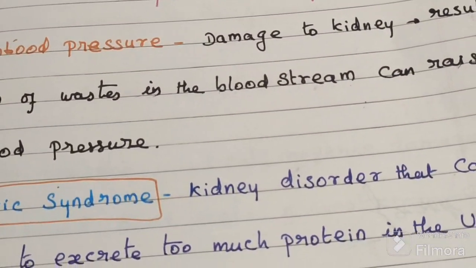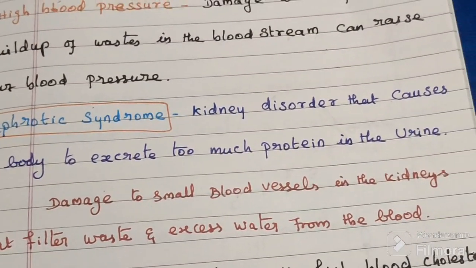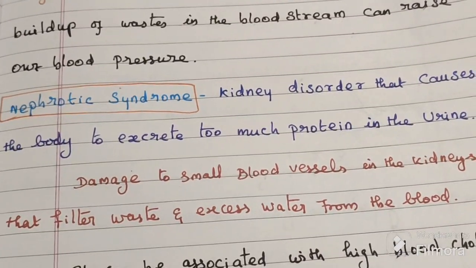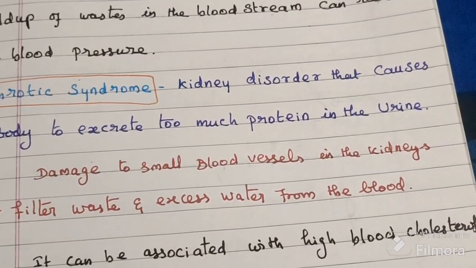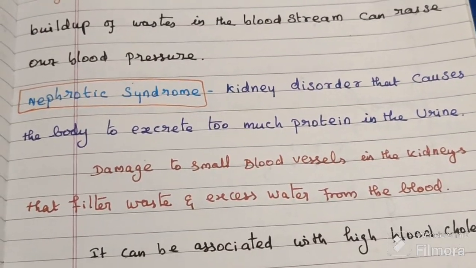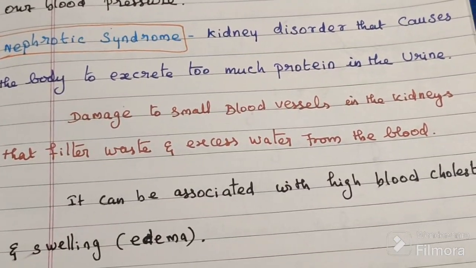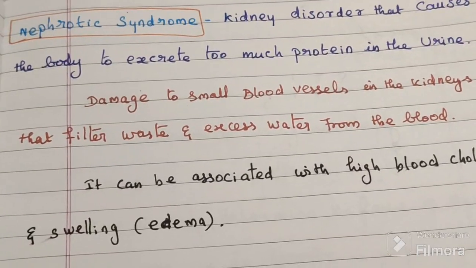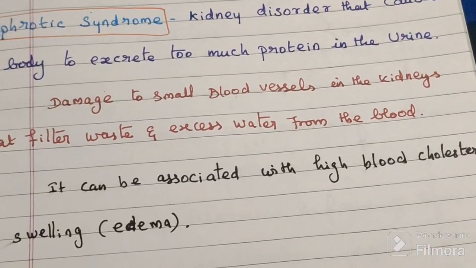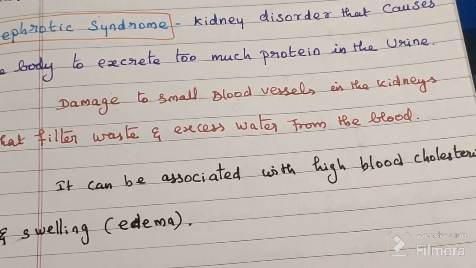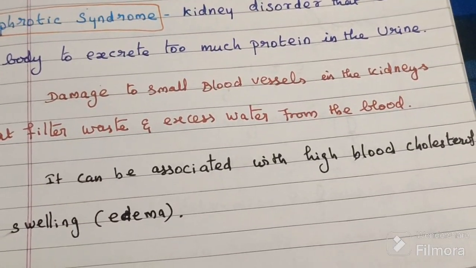Nephrotic syndrome is a kidney disorder that causes the body to excrete too much protein in the urine. It is caused by damage to the small blood vessels in the kidney that filter waste and excess water from the blood.